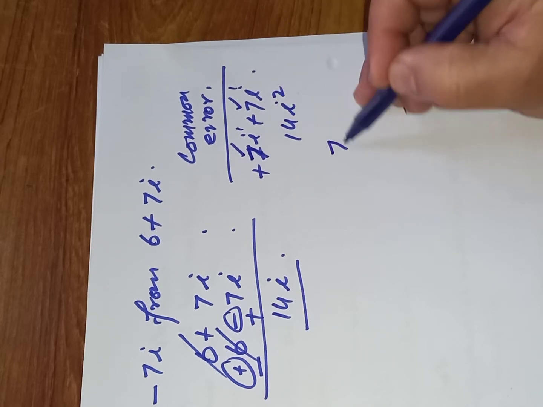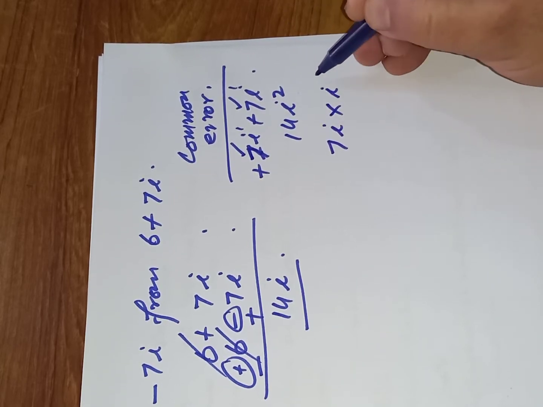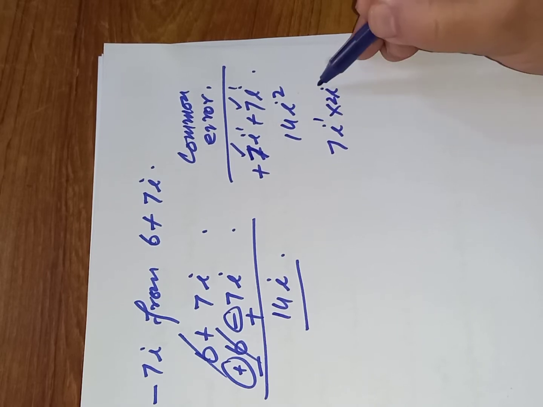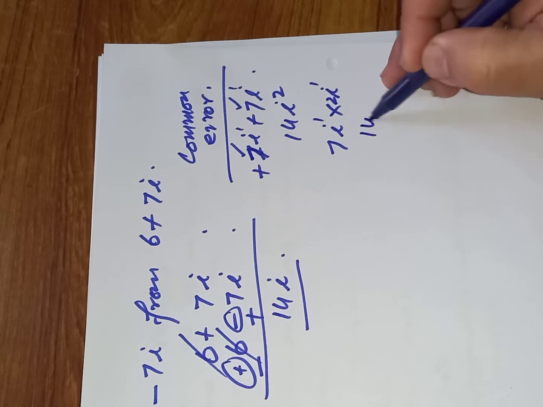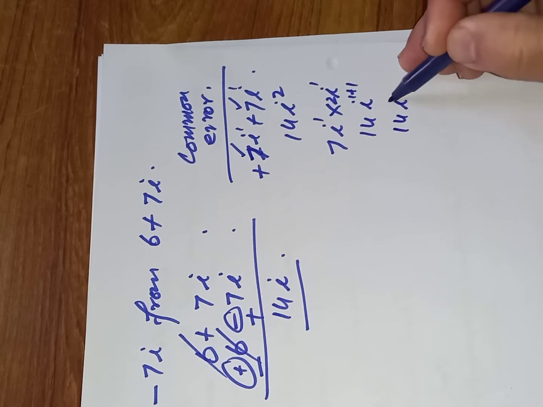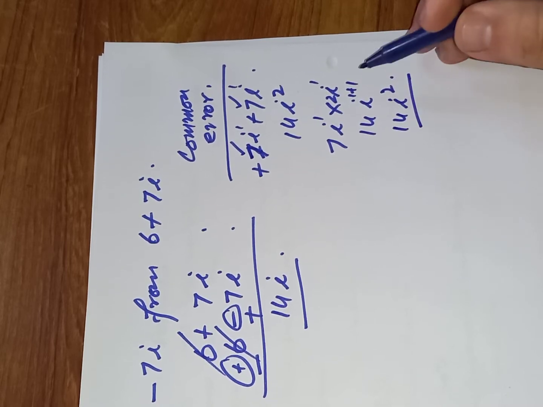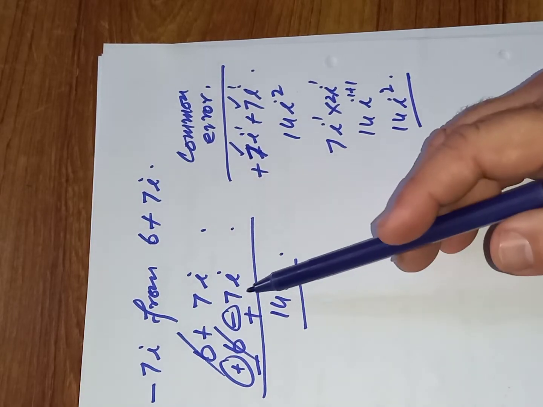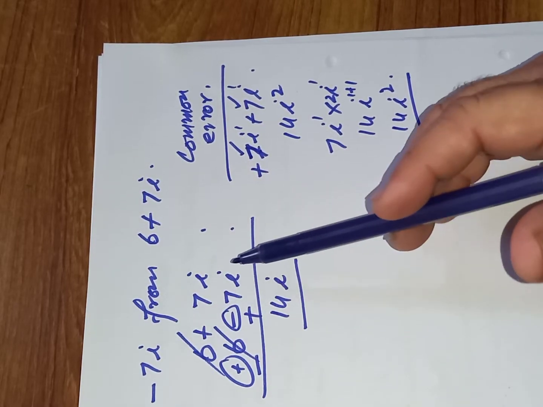When they are multiplying, for example 2 iota and iota, 7 twos are 14, and with iota, when the bases are multiplying, the powers add up, so 14 iota square will be the value in that case. Here we are simply adding, so the coefficients will interact instead of iota's power.